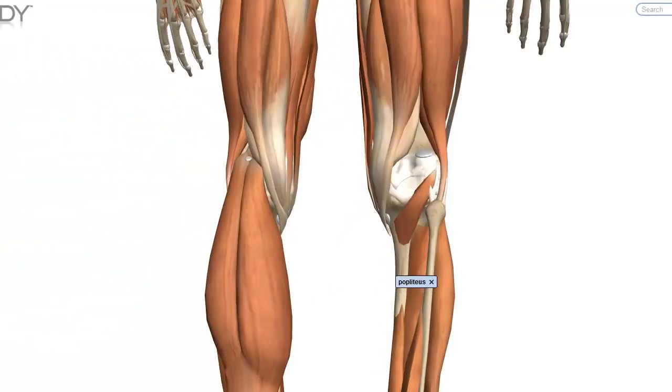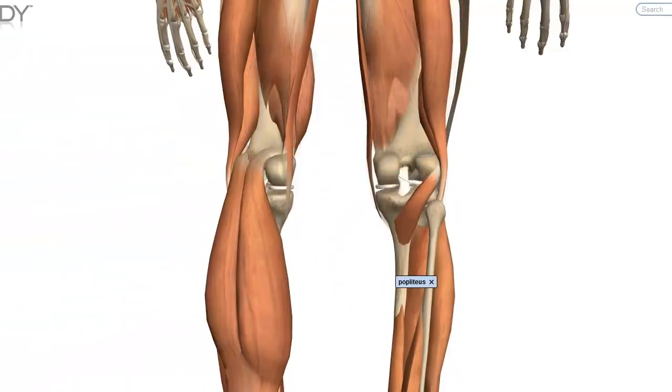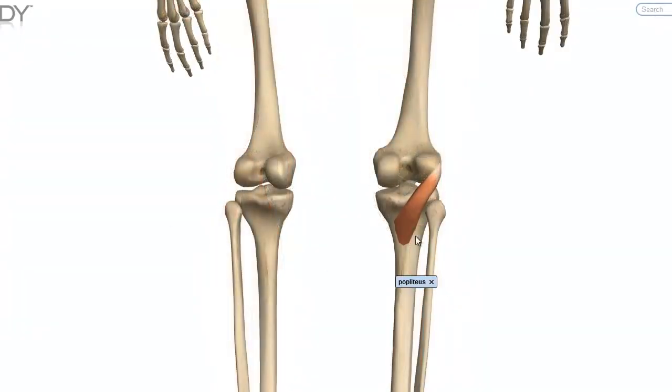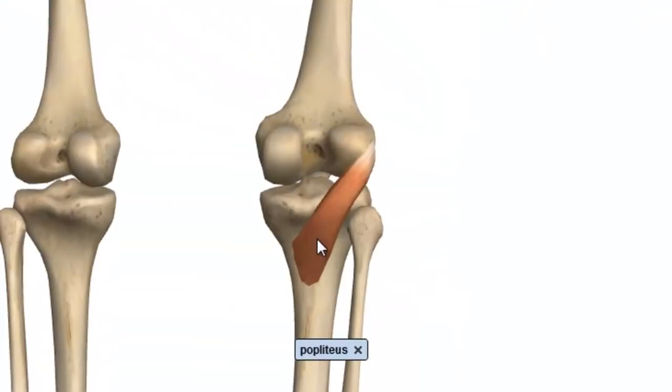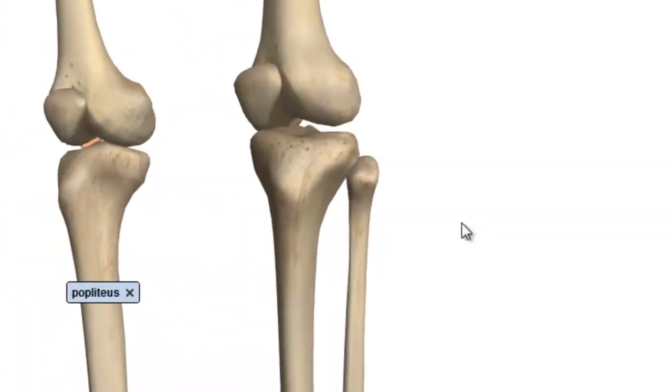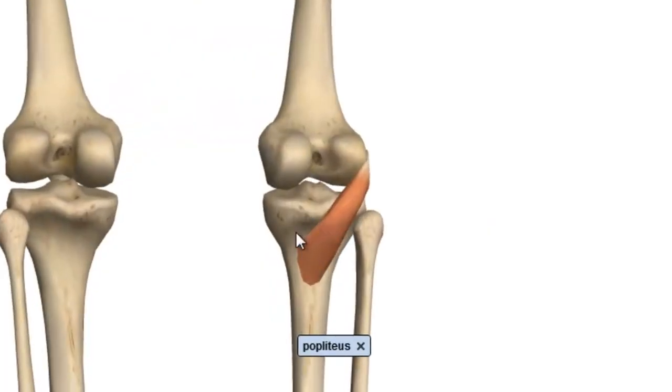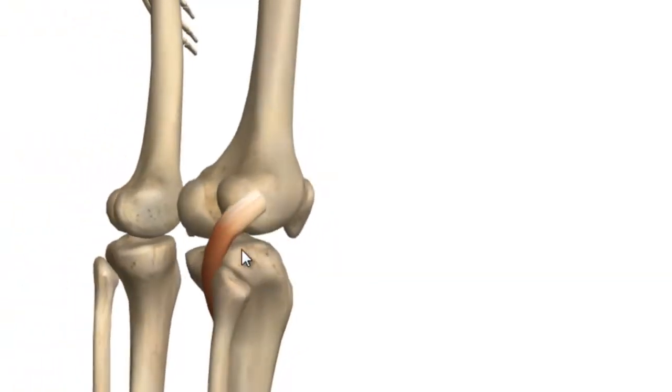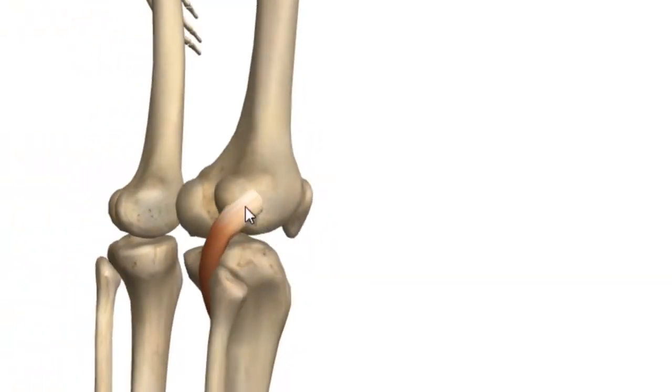So I'll just fade away the muscle there, and you can see more clearly the origin of the popliteus. So you can see it lies on the posterior surface of the proximal tibia, originating here, and it inserts inferolaterally on the lateral femoral condyle.